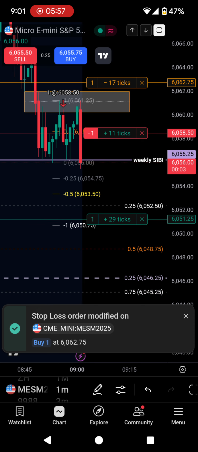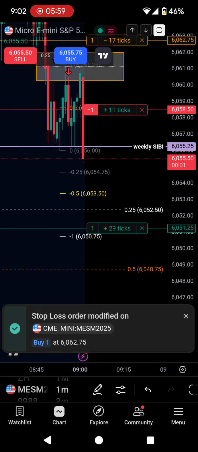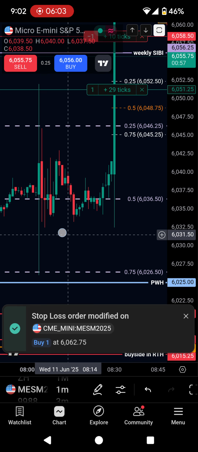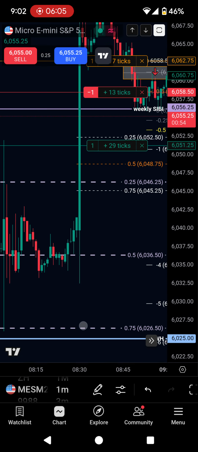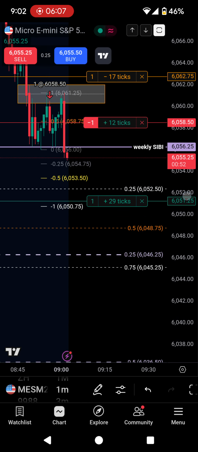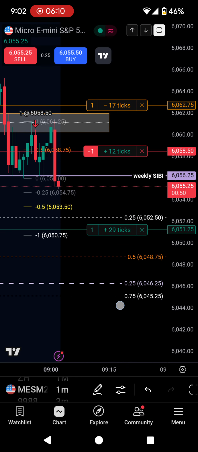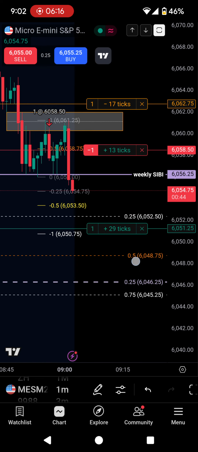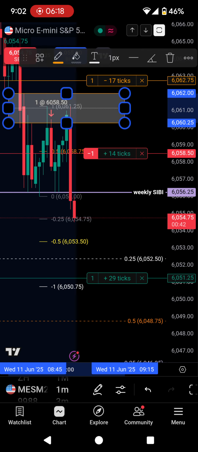I really expect some sort of firmness to the downside. Because where are we aiming for? Ultimately, I'm aiming for these relative equal lows here. Expecting a nice expansion lower. Okay, look at this.